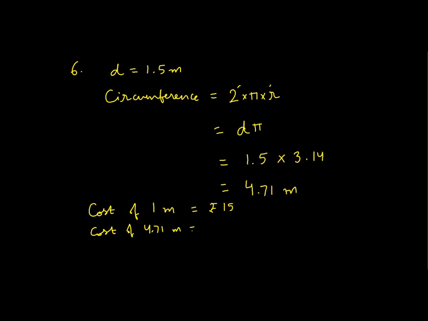So what we are going to do, we will multiply 4.71 with 15, which gives you the answer as 70.65. So rupees 70.65 is the answer to this question.